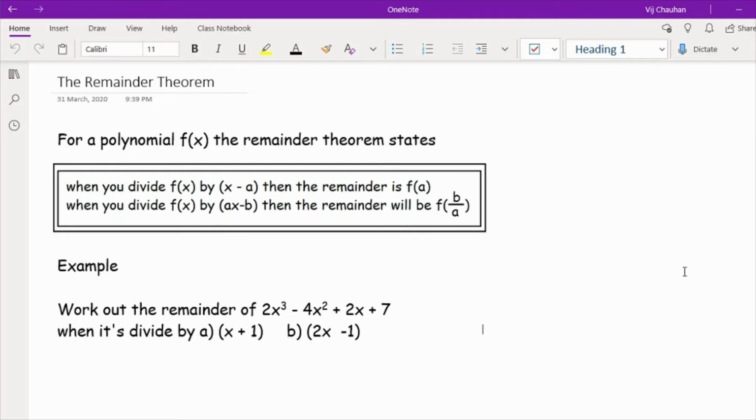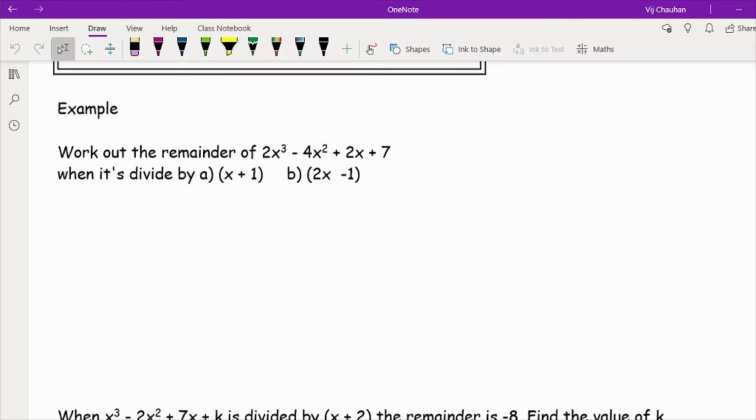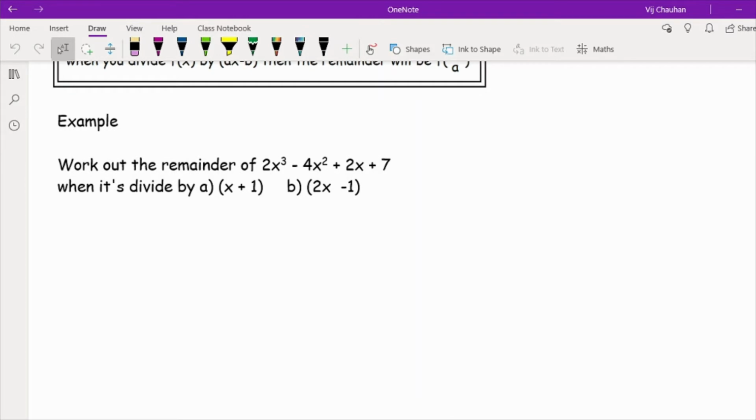And what I'm going to do now is go through some examples of what that actually means. So if we look at the example below, just bear with me while I scroll this one down. So this is a typical question. Work out the remainder of 2x cubed minus 4x squared plus 2x plus 7 when we divide it by, first of all, x plus 1.